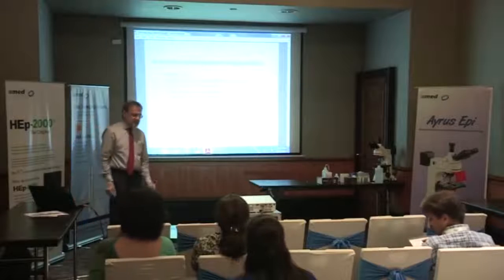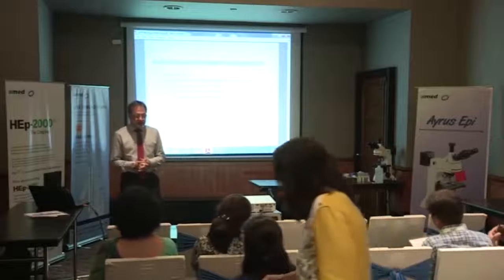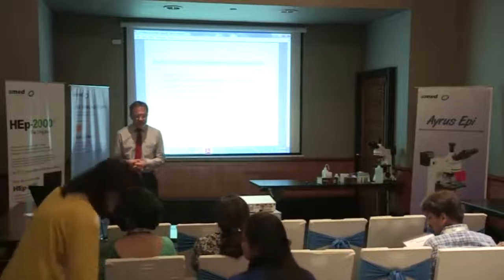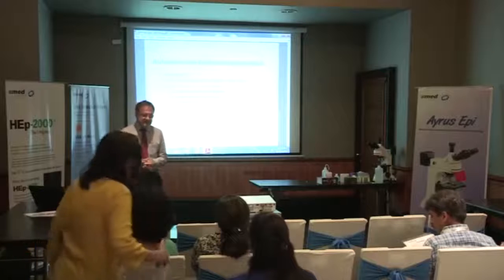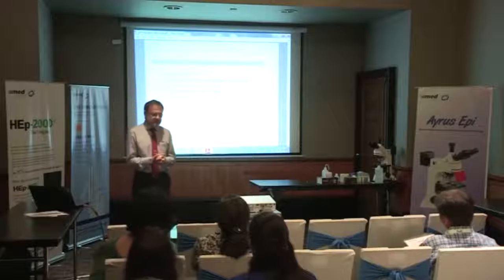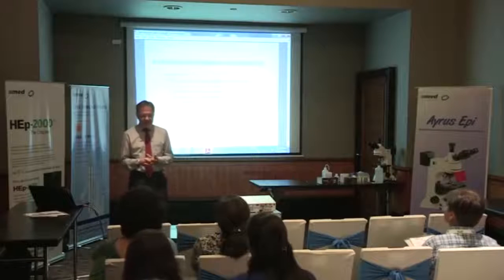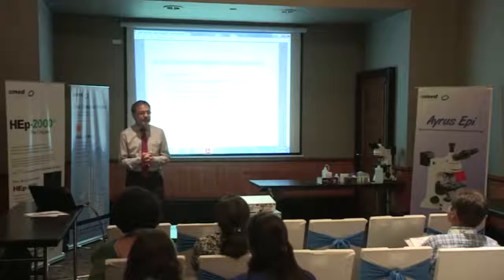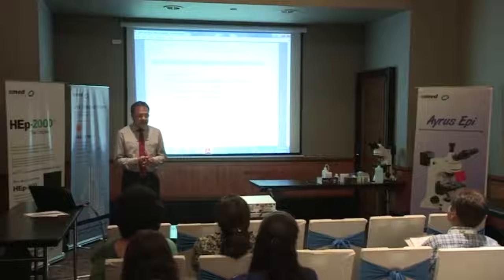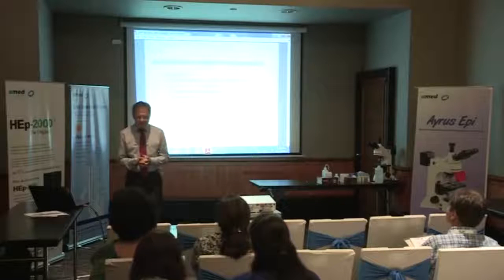I actually come from a lab which is NABL and CAP accredited, and I've been personally doing immunofluorescence for almost two decades now. We have been using HEp-2 and HEp-2000 substrate very extensively for ANA testing and some other related autoimmune disorders. We usually process around 800 to 1000 samples a month.